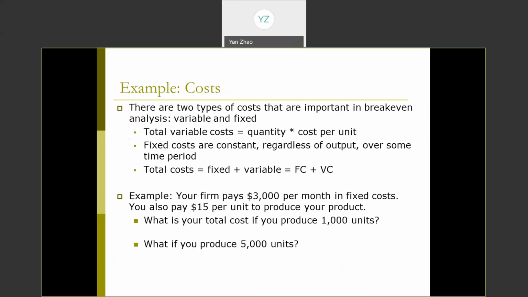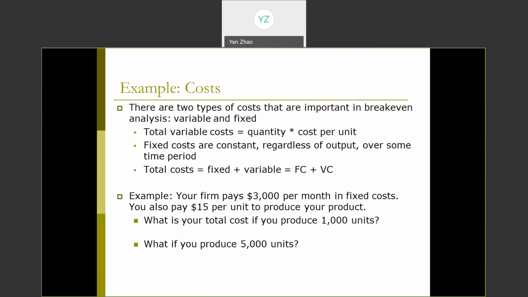Before we do that, we want to talk about cost. There are 2 types of costs that are important in break-even analysis: variable and fixed cost. So the total variable cost will be the quantity of your production times the cost per unit. Fixed cost are constant, regardless of the output over some time period.